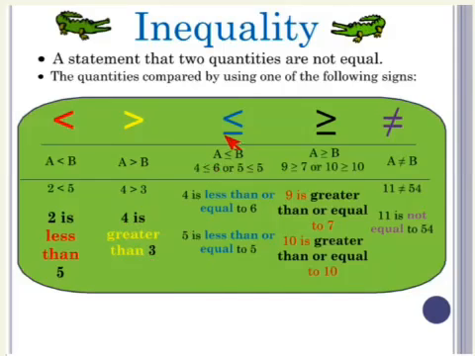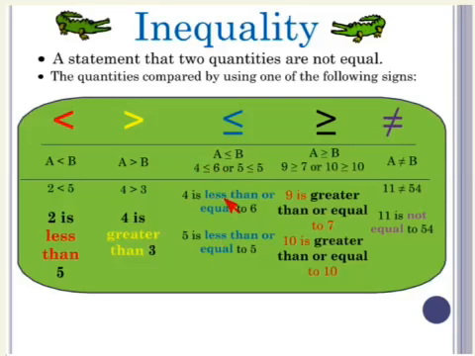Now, if there is this little line here, you see that kind of looks like an equal sign? Well, that combines the idea of less than or equal to. So for example, 4 is indeed less than or equal to 6. It's not equal to 6, but the word or means either or. So 4 is either less than or it's equal to, and indeed it is less than.